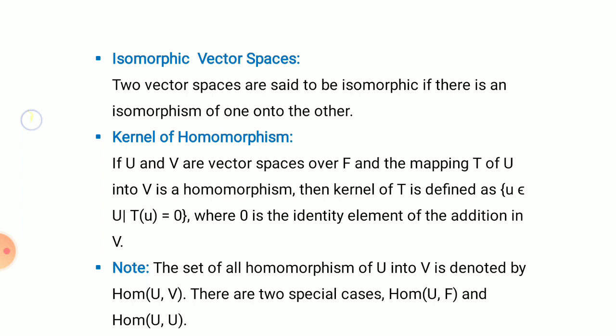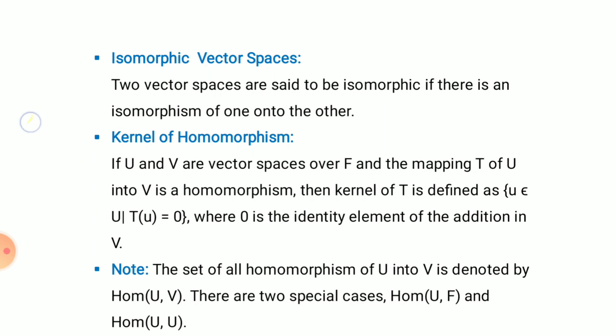That means we define two vector spaces to be isomorphic if there is an isomorphism of one onto the other.